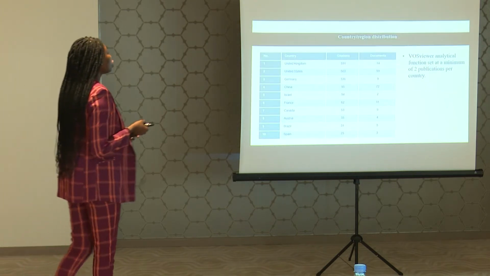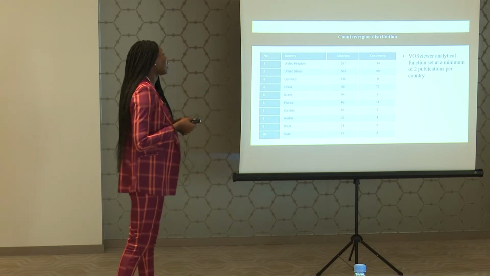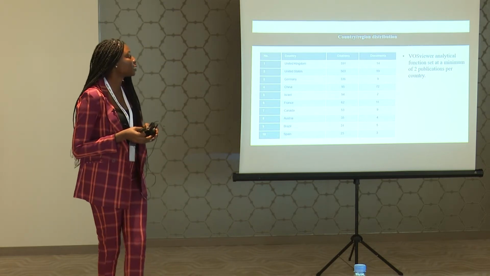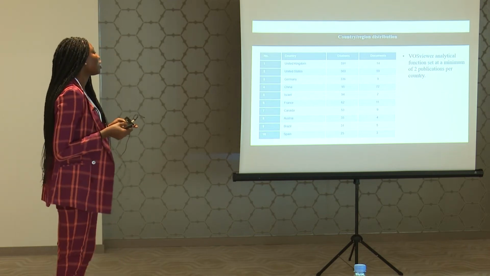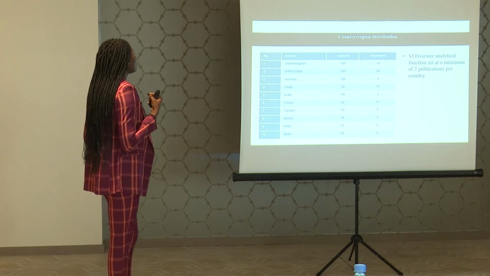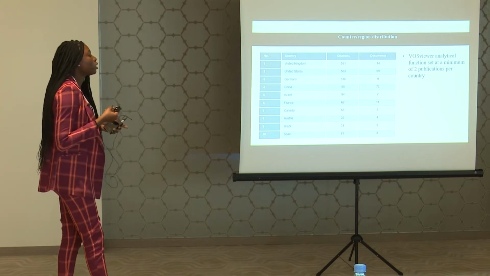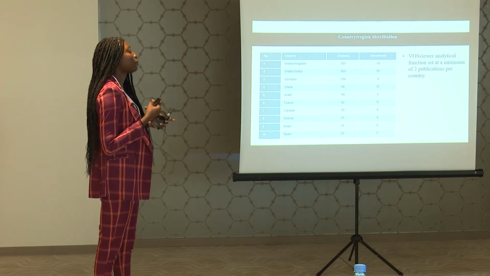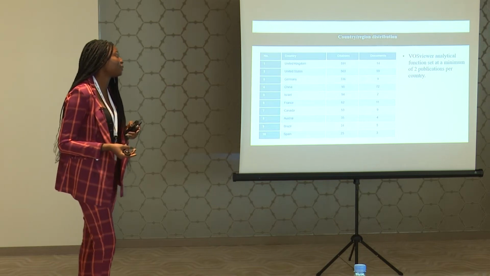So looking at the country region distribution, the VOSviewer analytical function was set to a minimum of 2 publications per country. This means that the VOSviewer software was expected to retrieve countries that had published a minimum of 2 articles on digital technologies for health and safety.